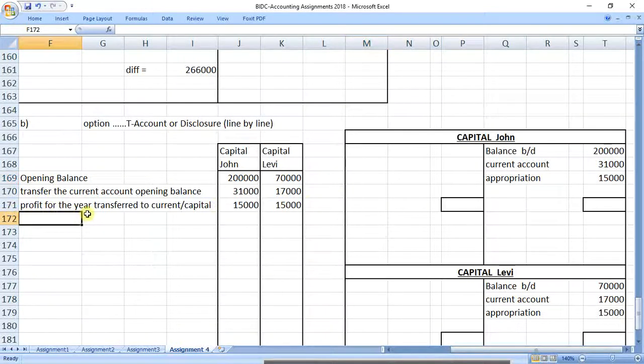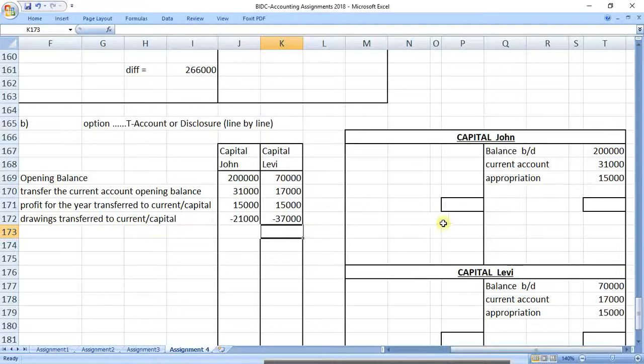Obviously, what does that do to the capital? Drawings transferred to current/capital. The drawings is going to decrease it, so minus. Drawings for the one, 21,000. Drawings for the other, 37.